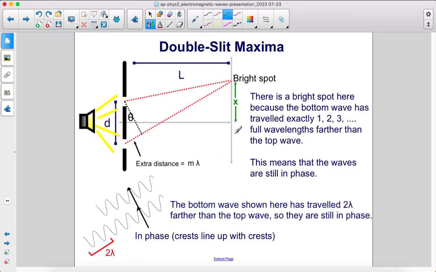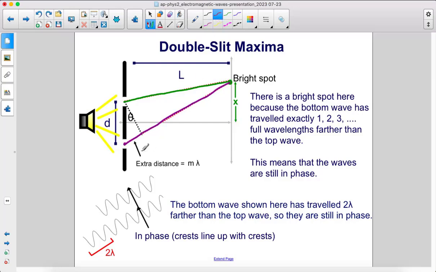All right, here's our double slit setup. We have our light source, we have our two slits, we have our viewing screen. Now there is a bright spot at this location. Let's figure out why. The light traveling from the top slit to that location travels exactly this distance here. However, the light from the bottom slit travels farther.